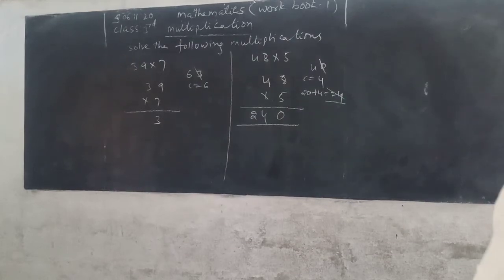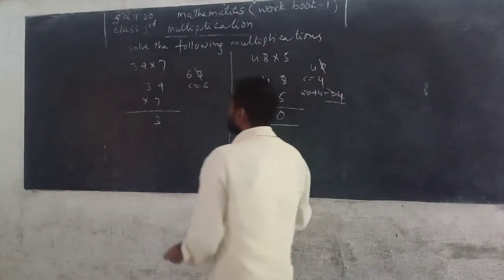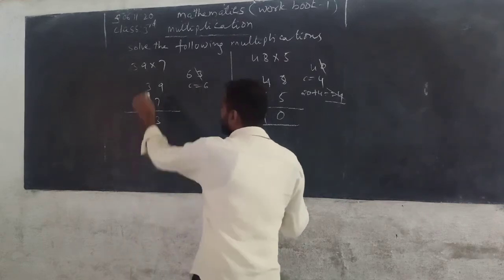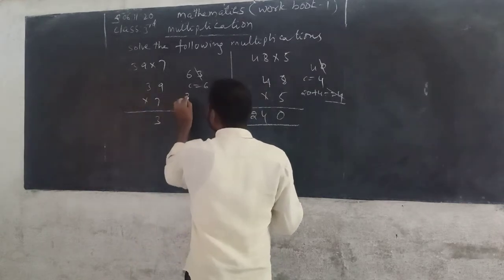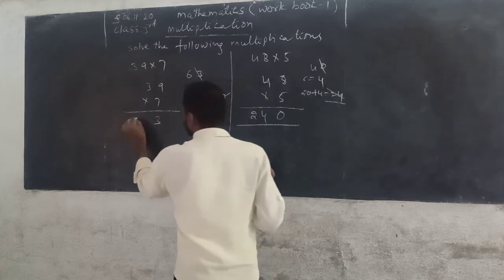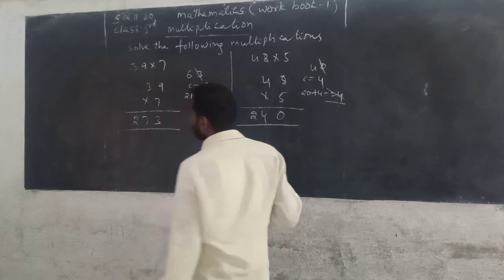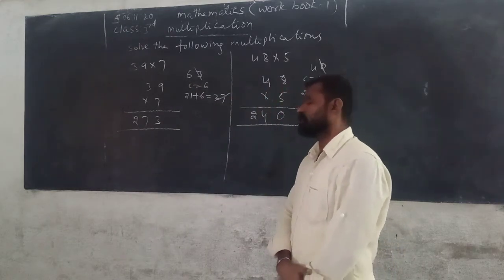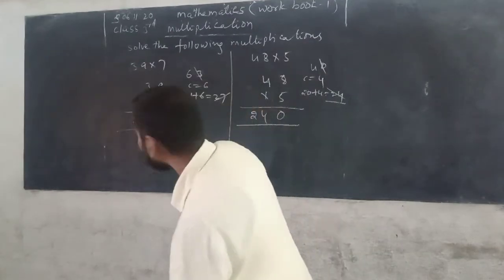See here. Now next we multiply the digits in tens place, that is 3 with 7. 7 3s are 21. 6 is added to 21, you get 27. Write down 27, the product of the tens place. So product is equal to 273.